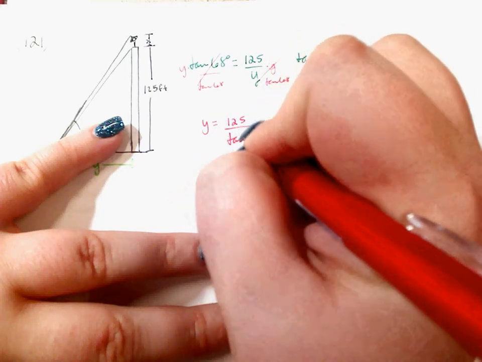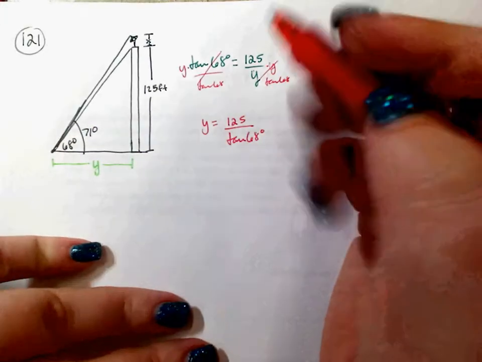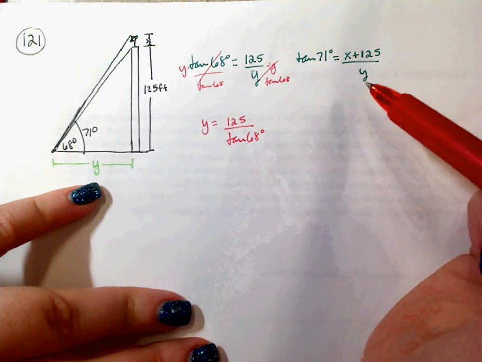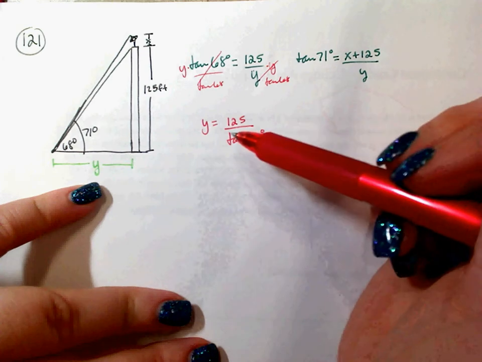So in actuality, I could just figure out what that is right now and plug it in for y, because that is just a number, true. I mean, why not?